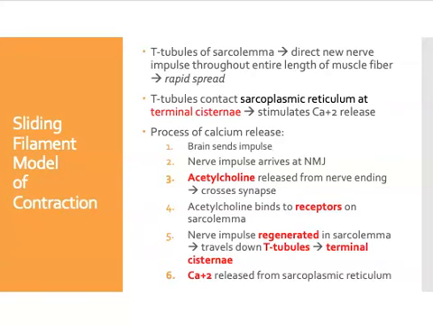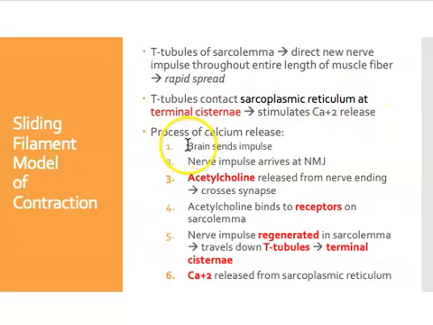That action potential is spreading out across the sarcolemma. It's going to be directed, though. It's going to be directed down those T-tubules. Remember those? And that way, the nerve impulse will travel through the entire length of the muscle fiber across all surfaces very rapidly. Those T-tubules are part of a triad. They come in contact with the terminal cisternae of the sarcoplasmic reticulum, and that nerve impulse is going to stimulate calcium release.